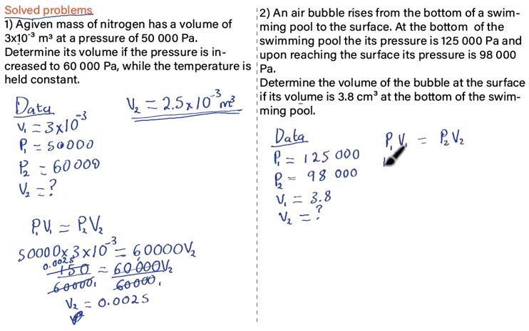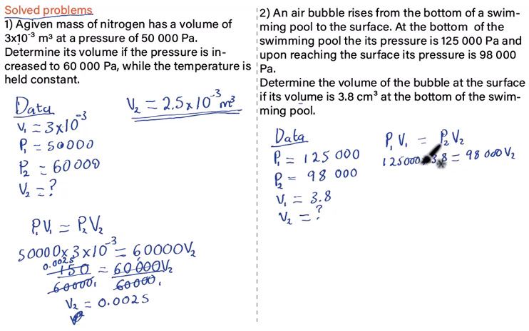P1 ke mang 125,000 times V1 ke mang 3.8, okay, is equal to P2 ke mang 98,000 times V2. Wa bona re go hana ga ke change di-units tse 3.8 ke mo tsenya ntselana ka re batla volume gape go ra re volume re yang go e bona ya go tswa ile di-units tsene tse gape ke yaanong a re computing.